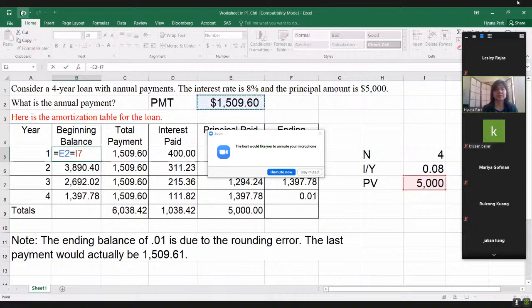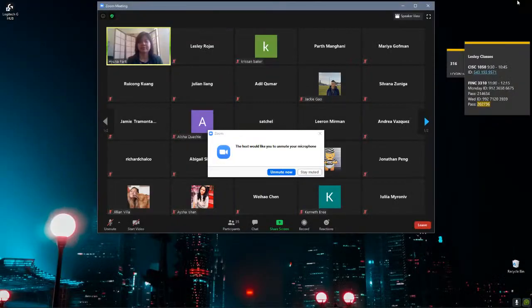Oops, I accidentally clicked the wrong cell. Let me reopen it and share this Excel file again.